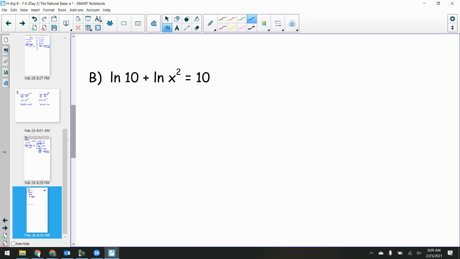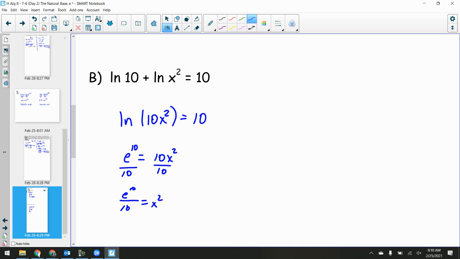So I can say ln of 10x squared is 10. All right, well, change it from logarithmic form into exponential. e to the 10th is equal to 10x squared. And now I can just evaluate. Divide by 10. So e to the 10th over 10 is equal to x squared.